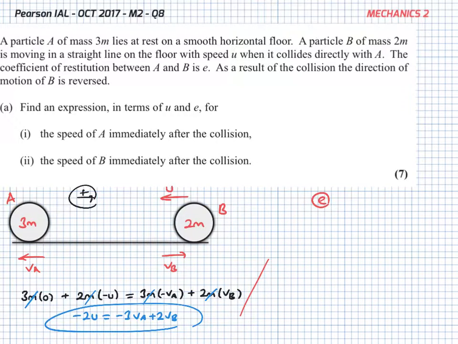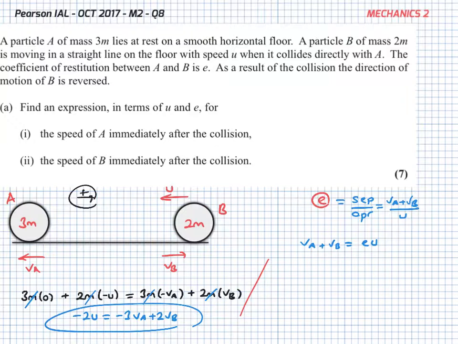The second one, we can consider the speed of separation over speed of approach. When they are getting apart, it will be VA plus VB. And when they are approaching each other, the difference in their speed will be u. So VA plus VB will be e times u.